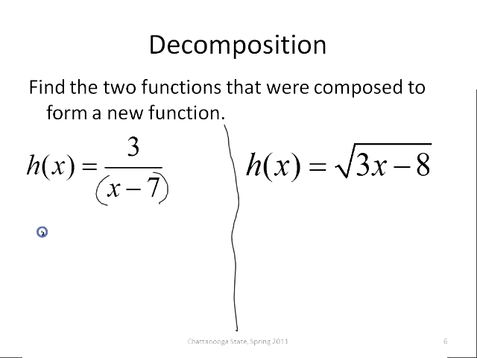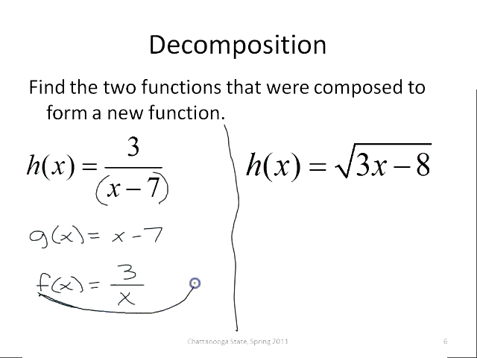If I do that, I could call that my g of x is x minus 7. And then f of x would just be the function 3 over whatever's in those parentheses, which would be the x. So if I do f composed with g, I get 3 over x minus 7. So these could be my two functions.